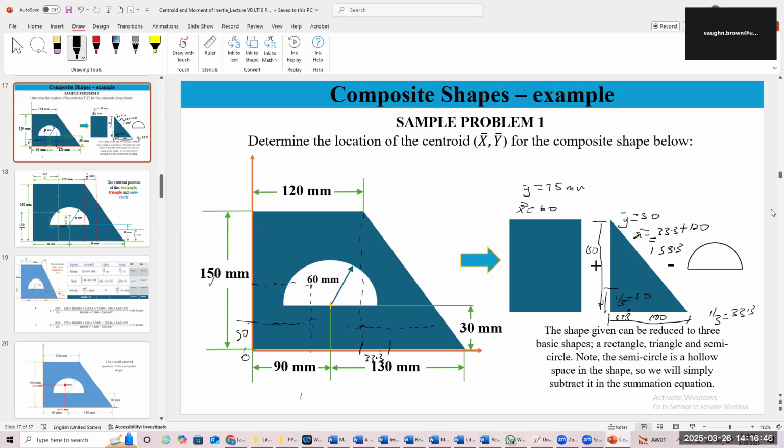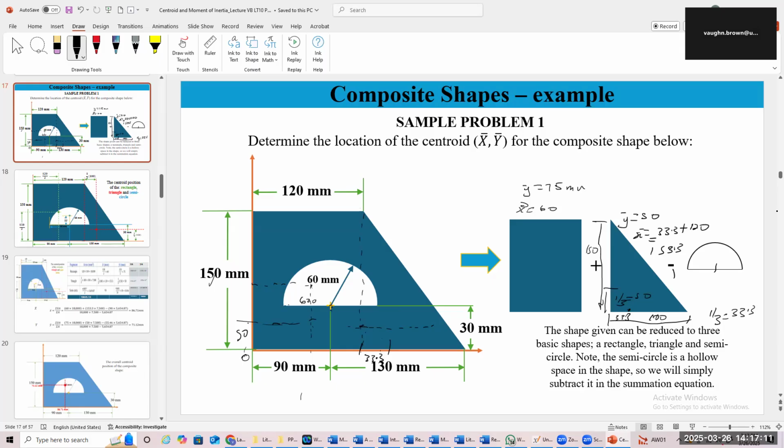What else are we getting here? The circle. The circle center is 60. So this is going to be 90, because from the center out to the 0 point is 90.